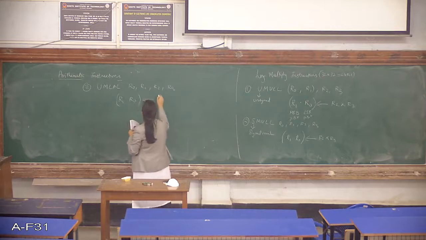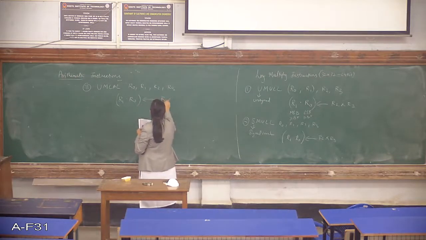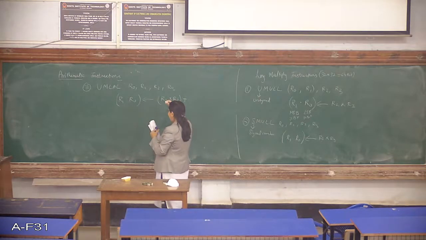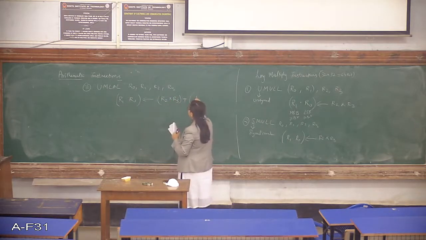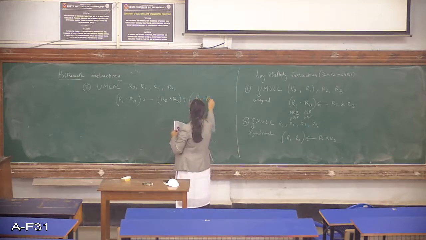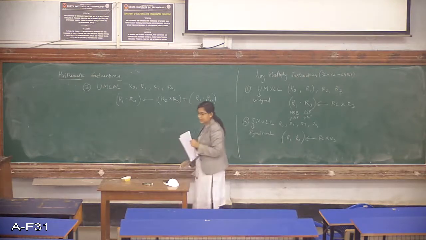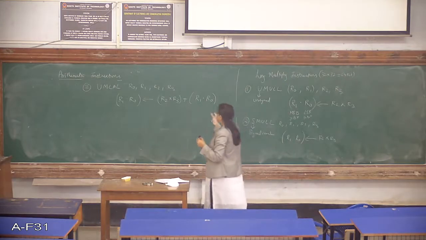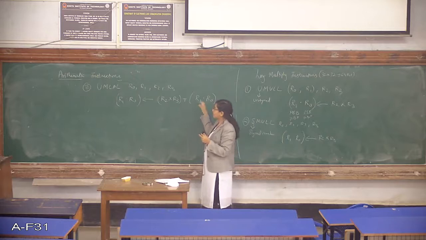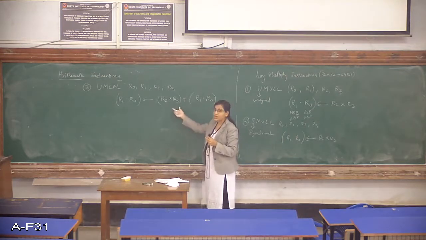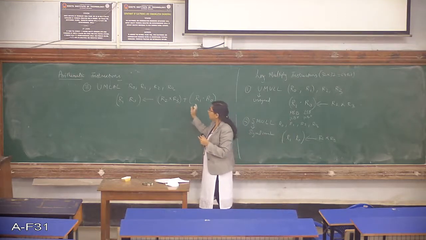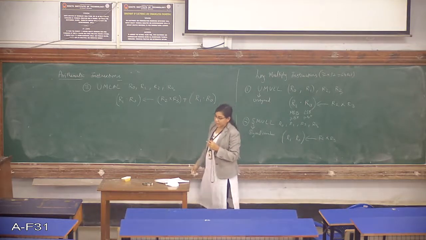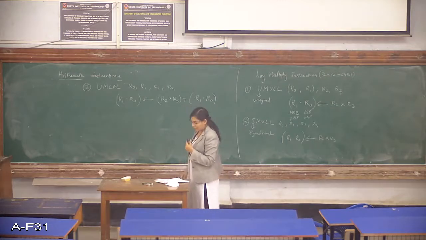You are multiplying R2 with R3 and accumulating the previous value in these two registers, R1 and R0. You had got the previous result in R1, R0, so the next time you do a multiplication, you just add that value to it. This is how you do unsigned multiply and accumulate long.